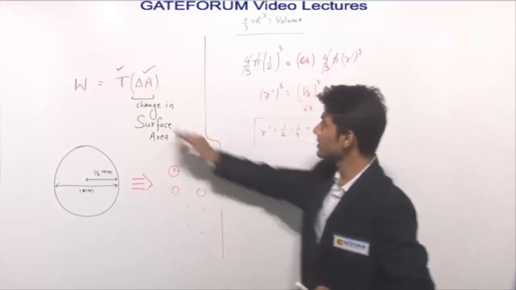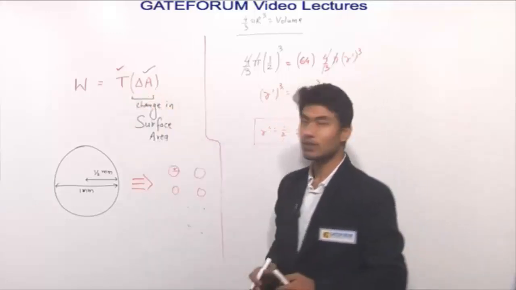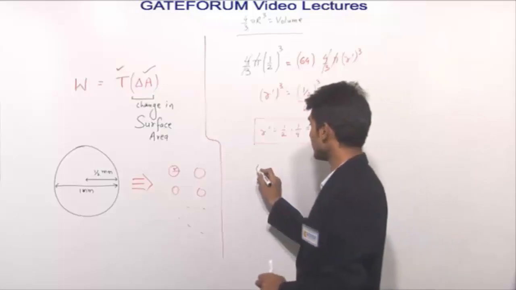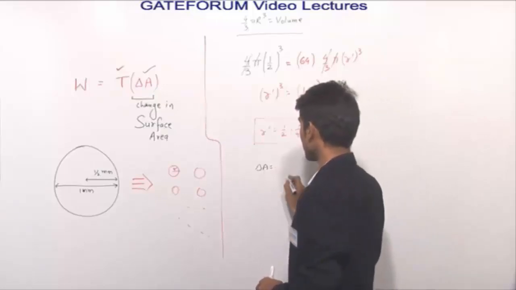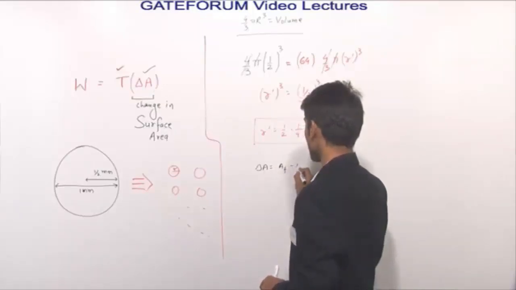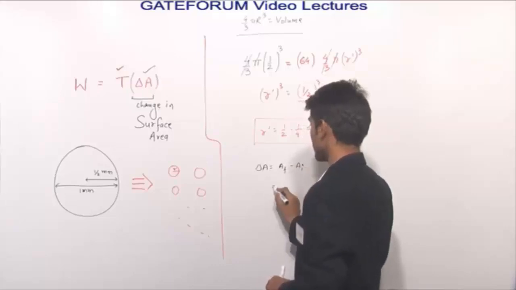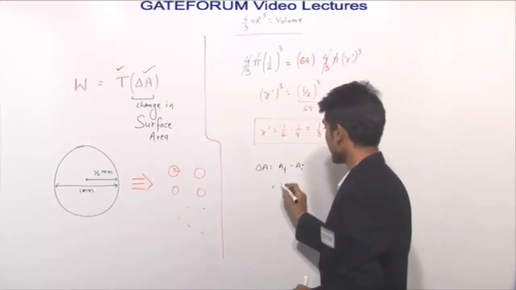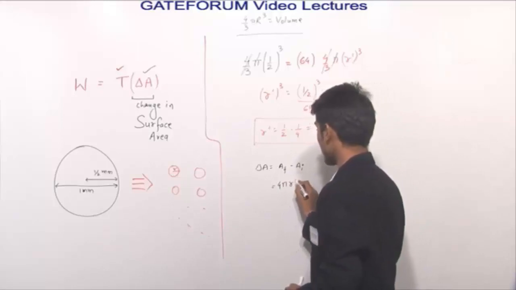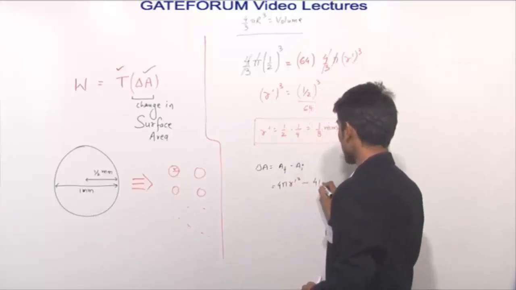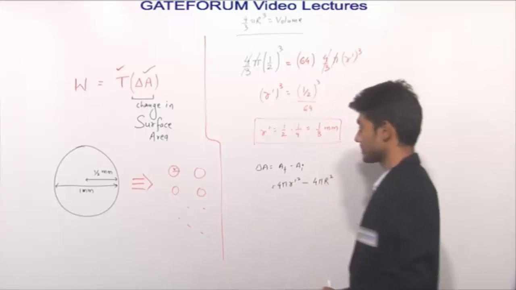You just need to calculate the change in area. Now, change in area is nothing but area final minus area initial. What is area final? Final area is 4 pi r dash square. Initial area is 4 pi capital R square.